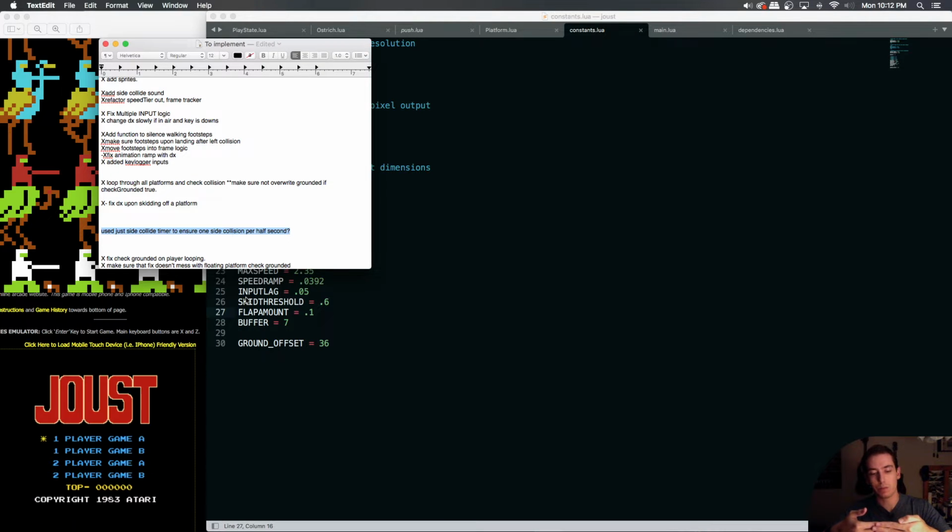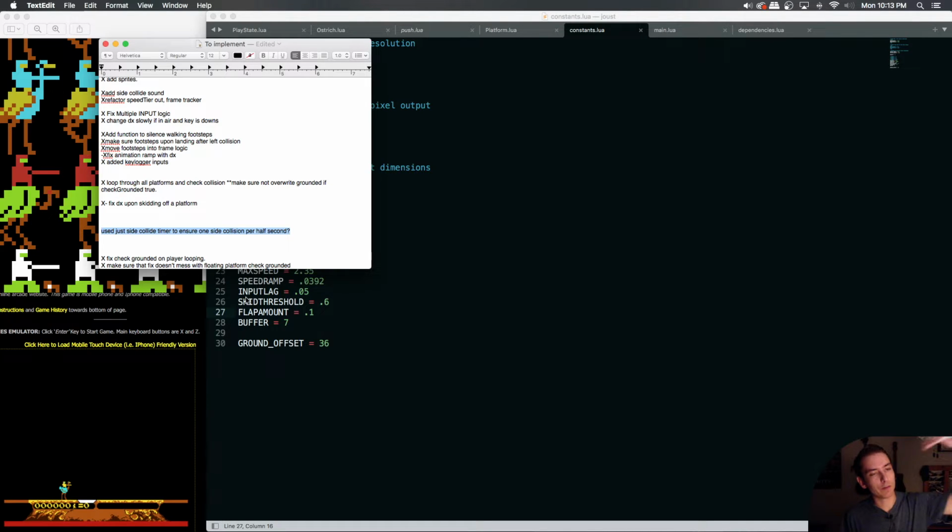It knows it should swap its dx again, and that's why we were getting bugs when it would fall through the platform, depending on which dx it landed on during the many frames of collision. But then I think we did it.